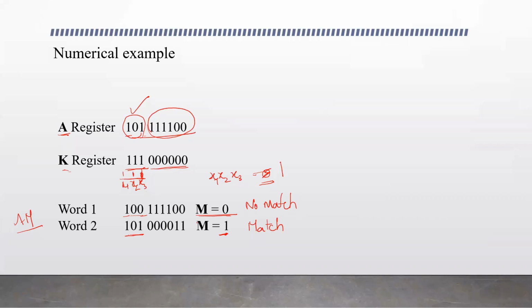This way all the words in the associative memory are compared, and all the words that match the content of the argument register are given as output. This way particular content can be searched in a content addressable memory.